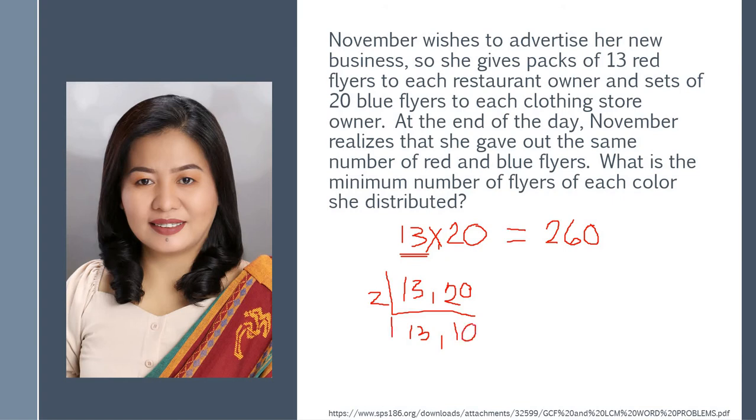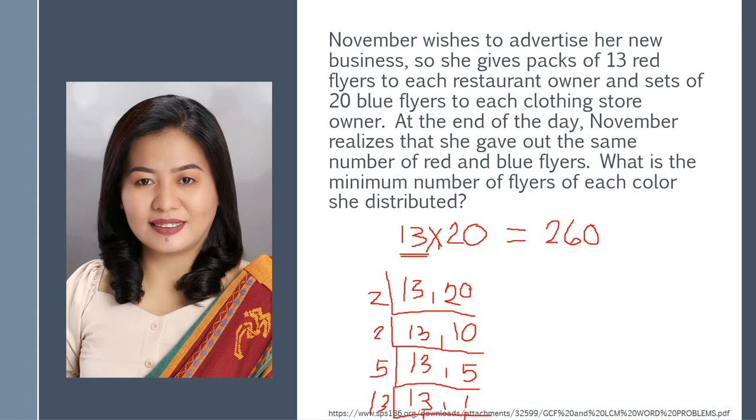And then we do 2 again, and then we have 13, and then 5. Then 5 is already an odd number, so we have 5 here. Then we have 13, and then 1, and then we just take out 13 here, and then we have 1 and 1 below.